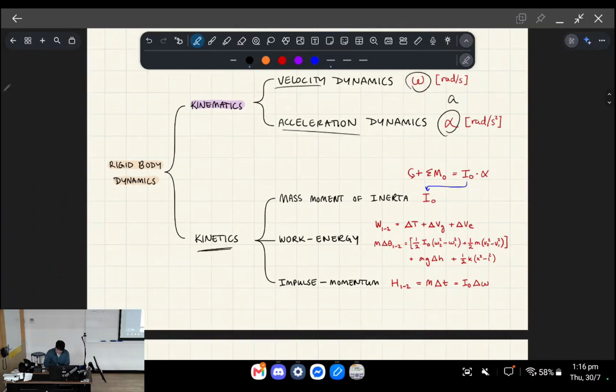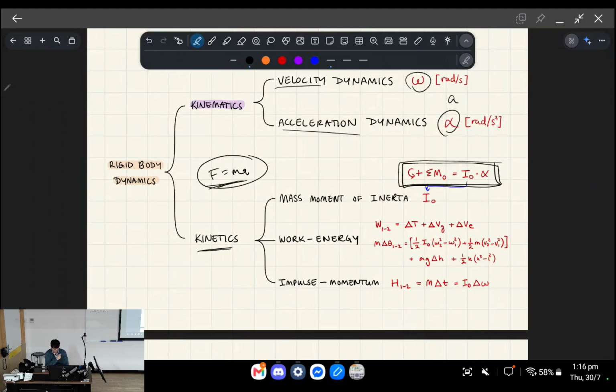Kinetics, on the other hand, is focusing basically on Newton's second law, so F equals ma, but in the context of rigid bodies. So this is the equation of motion, and there's another version of it that looks similar to this, but specifically for moment, right?